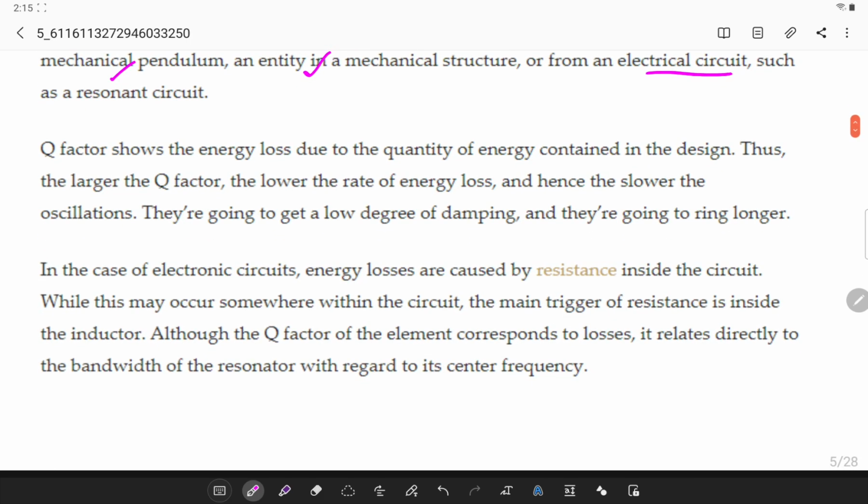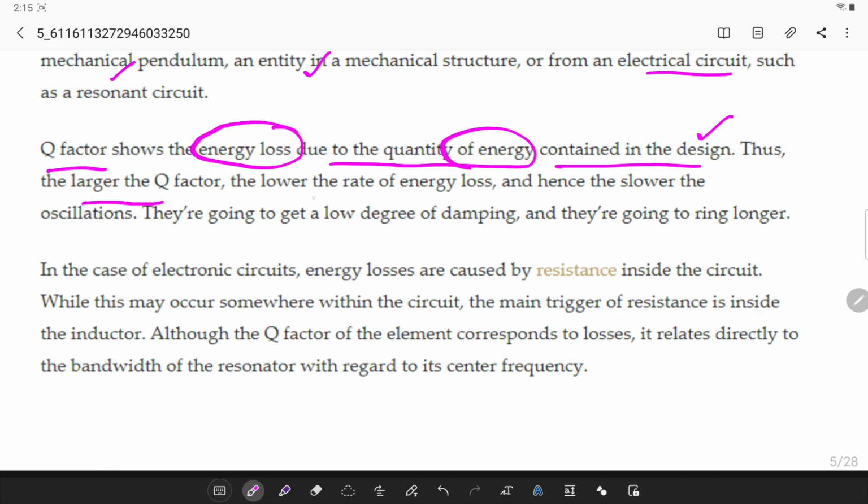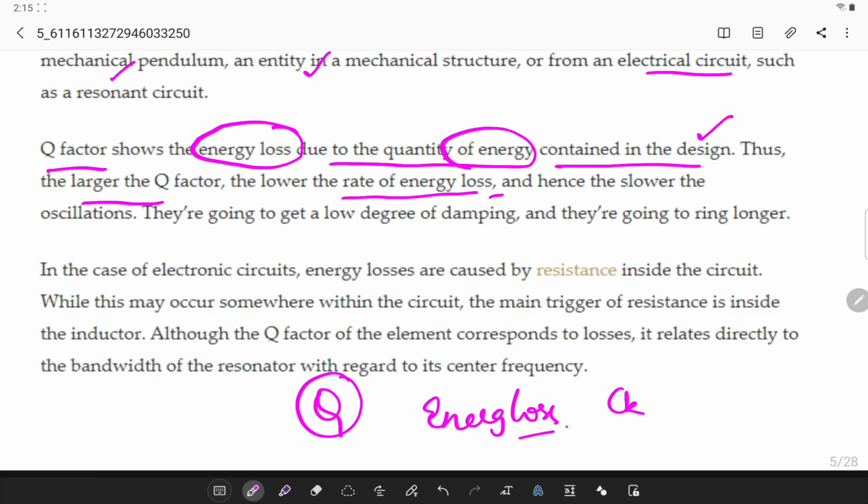Because the quality factor shows the energy loss relative to the quantity of energy contained in the design. To be frank, the larger the quality factor, the lower will be the energy loss. So based on the Q factor, you can understand the energy loss of that circuit.